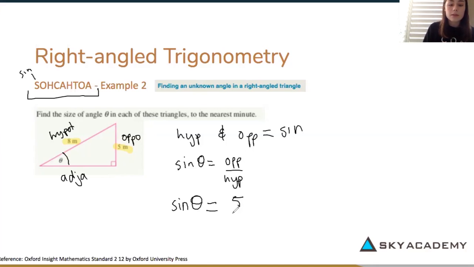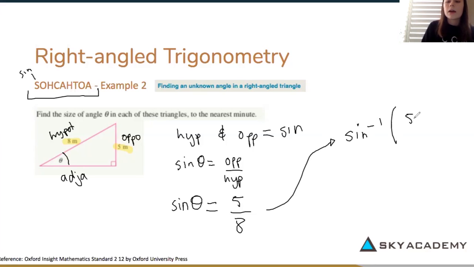But you can't just put this into your calculator like that, because we're trying to find an angle. You have to press shift sine to come up with a -1, and then you can put your fraction into your calculator. So you can do shift sine to make it sine -1, 5 over 8.